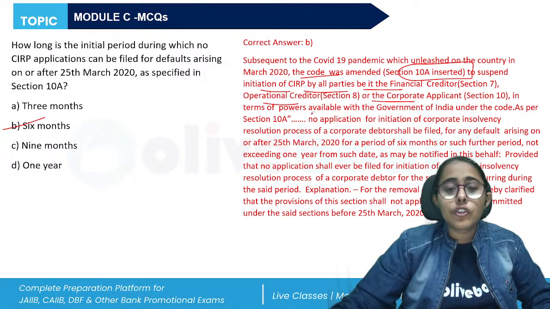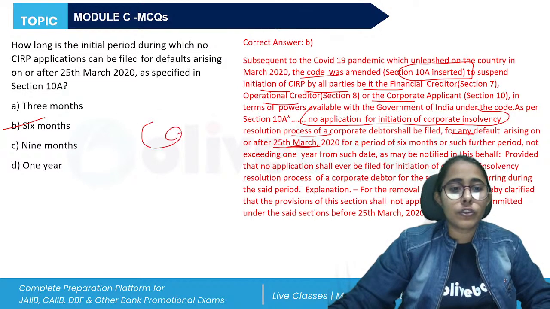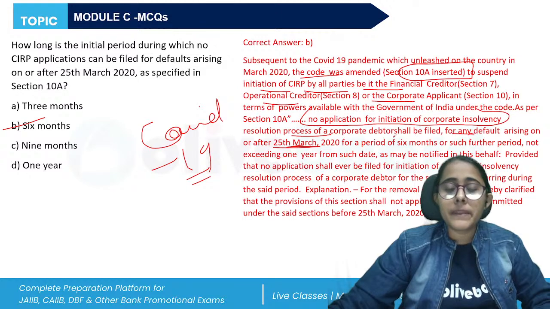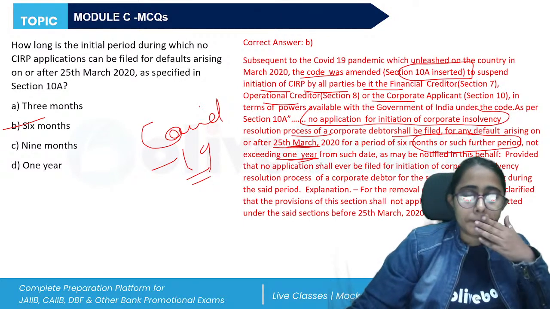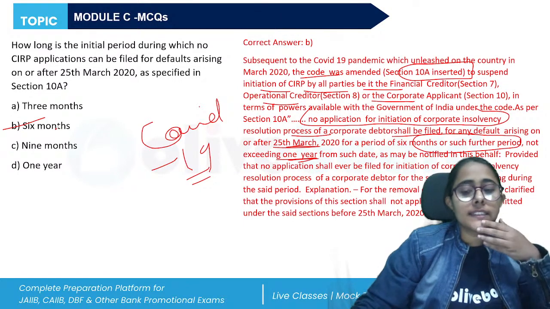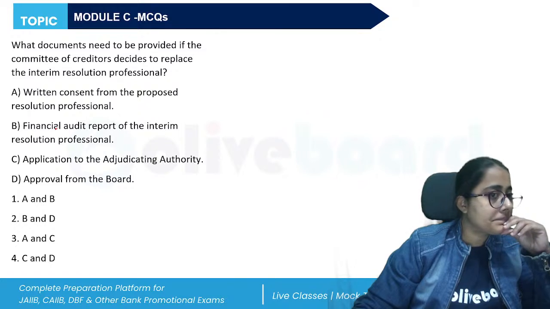So, no application for initiation of the corporate insolvency can be made for any default arising after 25th March 2020. This was done to provide protection in the COVID-19 for a period of 6 months or such further period not exceeding 1 year. All right. So the correct answer is 6 months.